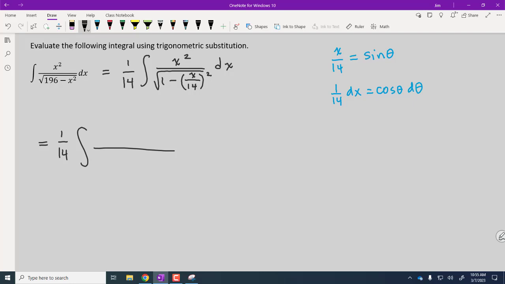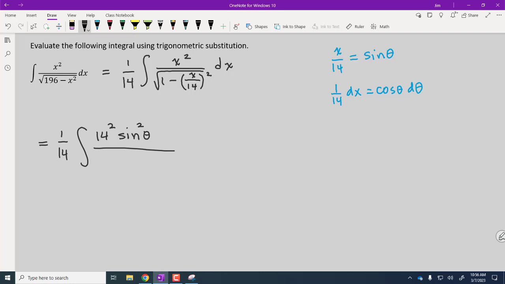X will be 14 sine theta. And if we square it, we're going to have 14 squared sine squared. Square both sides, x squared will be 14 squared times sine squared.